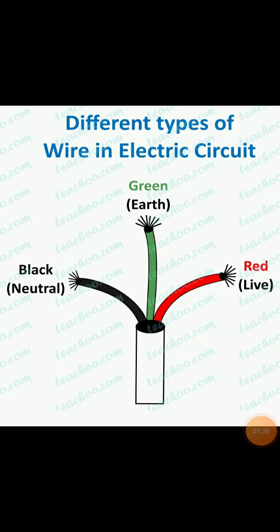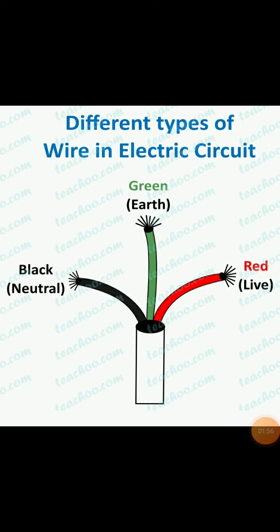So students, remember these three types of wire. Red wire, which is live wire or positive wire. Black colored wire is neutral wire or negative wire. And green colored wire is an earth wire.